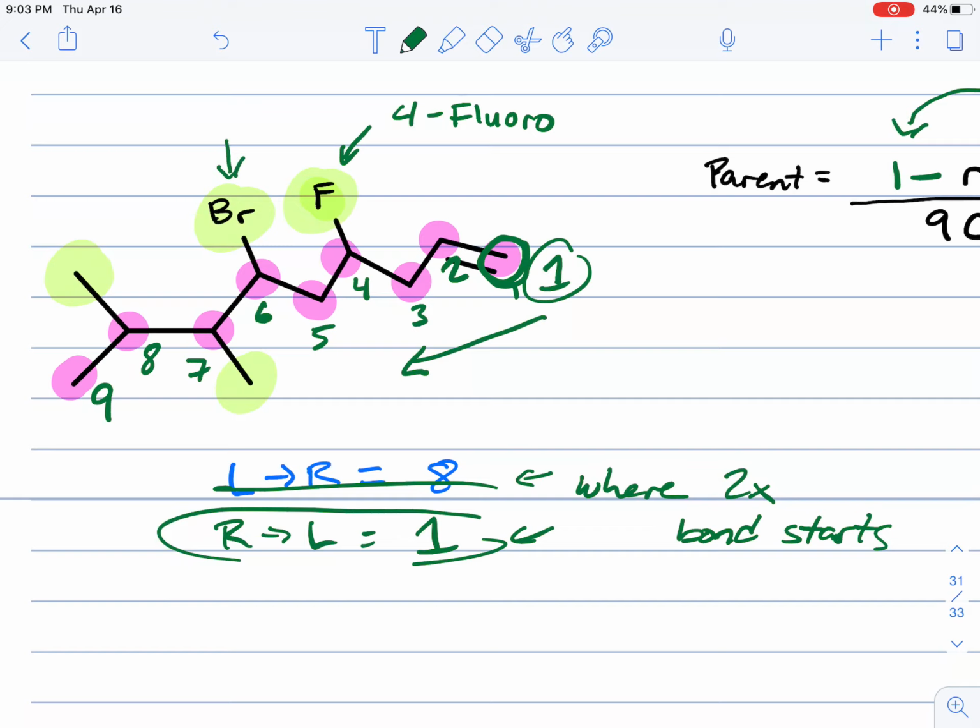On the sixth carbon of the parent chain we have a bromo. On the seventh carbon of the parent chain, I need to erase this, that's going to give me 7-methyl. On the 8th carbon, I also have a methyl.